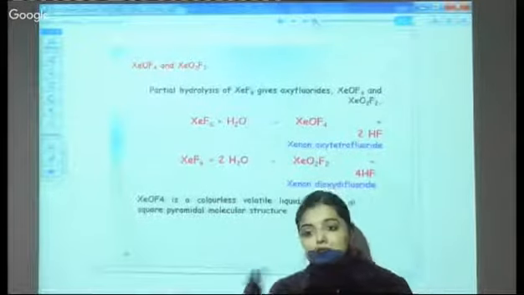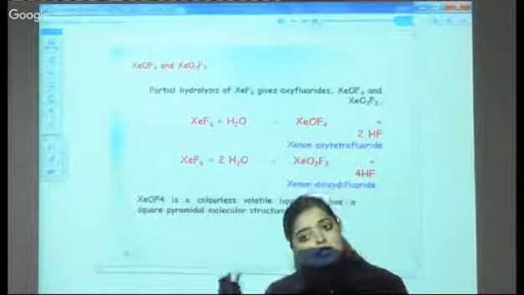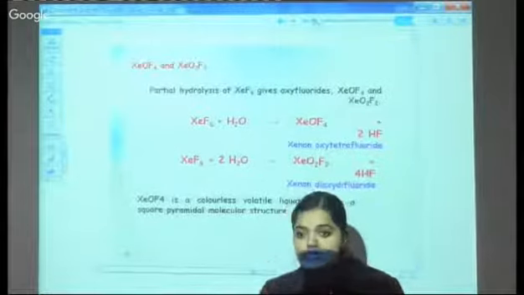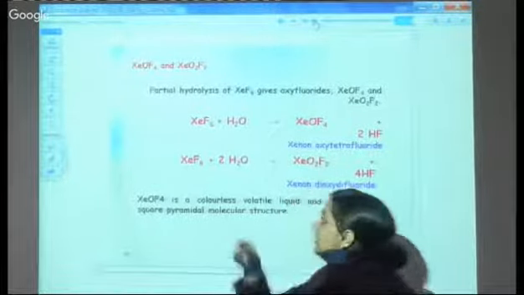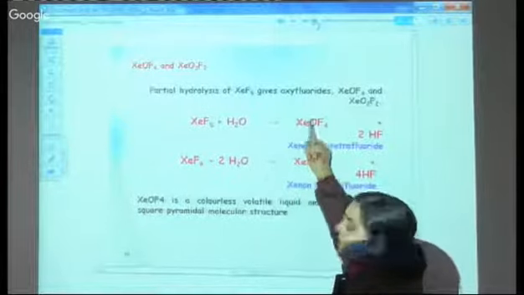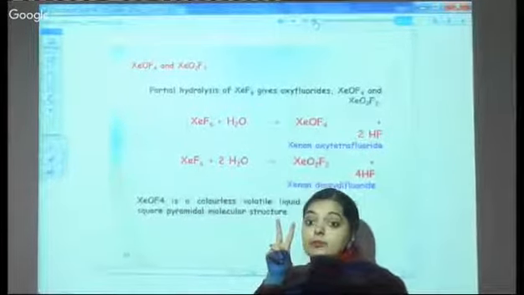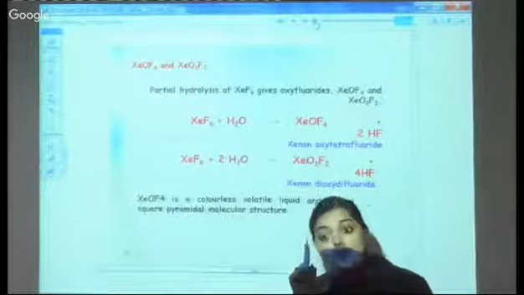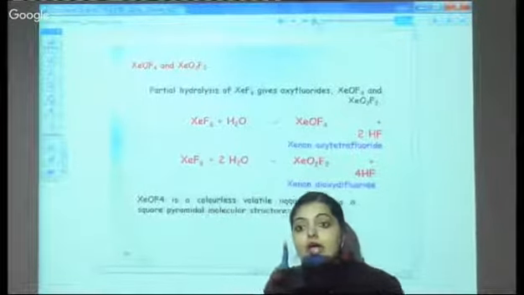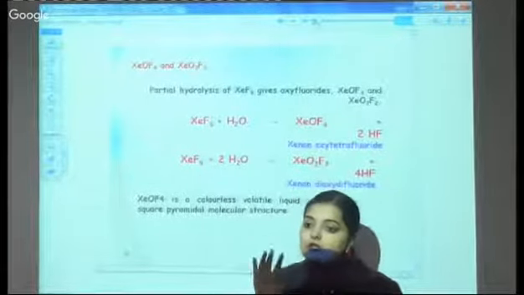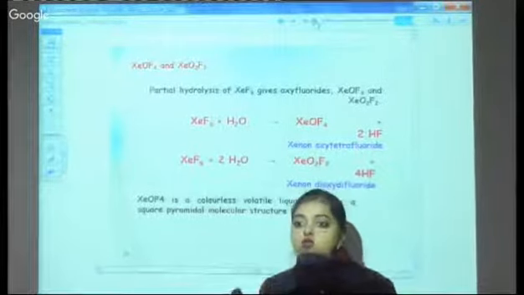If it is the complete hydrolysis, XeO3 will be formed. But if it is partial, meaning a little amount of water is given, displacement of one oxygen will take place for 2 fluorine. Because you know, fluorine forms one bond with xenon and oxygen forms 2. So you can say taking up of one oxygen will give up 2 fluorine.